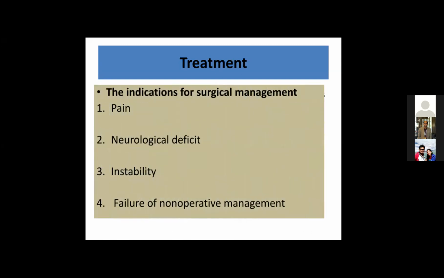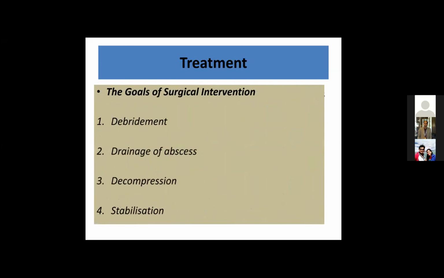There are certain indications where we have to intervene: the patient having persistent pain even after starting appropriate antibiotics, neurological deficit, bony dissection of the bone, and failure of non-operative management. The goals of surgical intervention are mainly debridement of the infected tissue, drainage of abscess, decompression of the neurological tissues, and stabilization using pedicle screws.